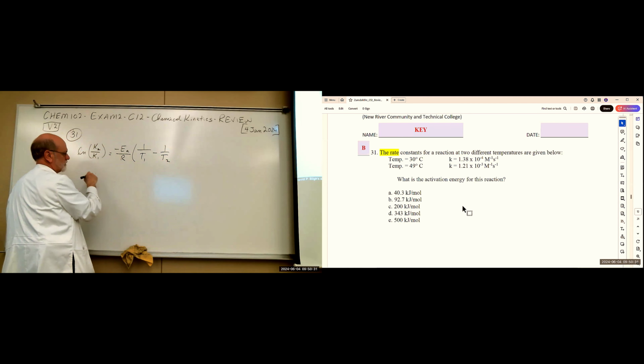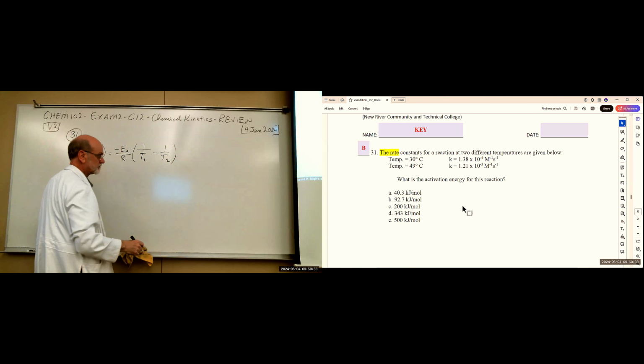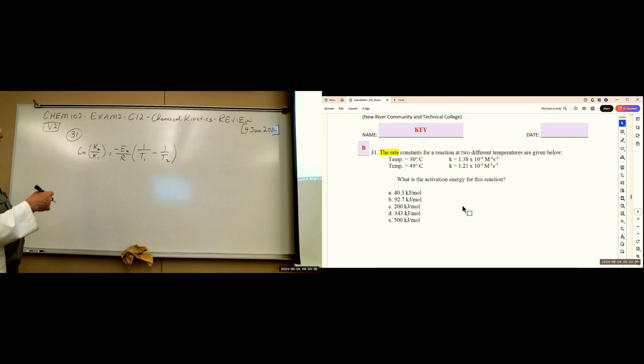I made a note here because I think there's an error. That may be wrong. Let's calculate it and see, because we know what the answer is supposed to be.